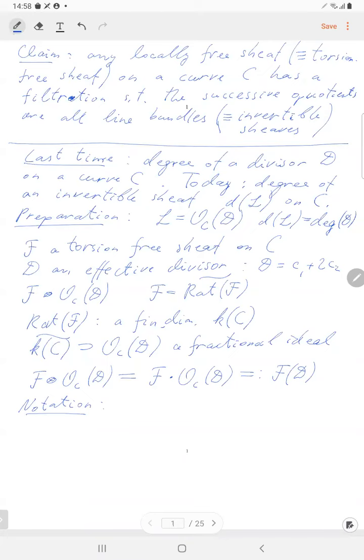F restricted to D is the quotient F modulo F of negative D. Okay, so this makes sense for an effective divisor.